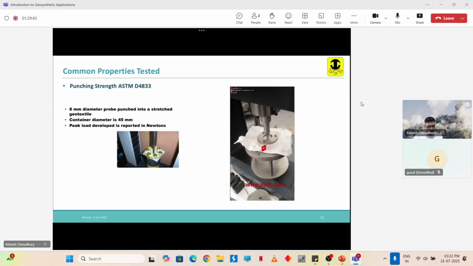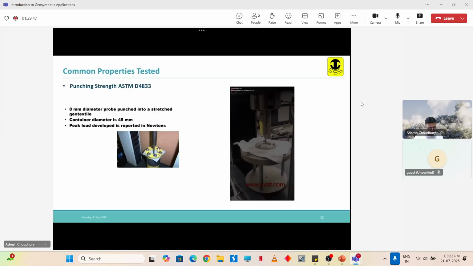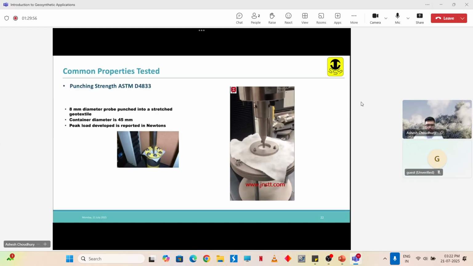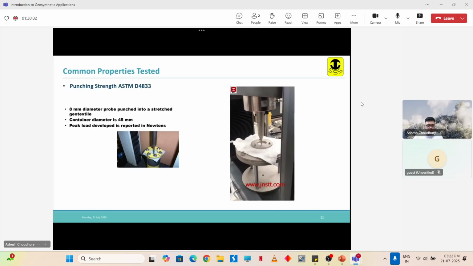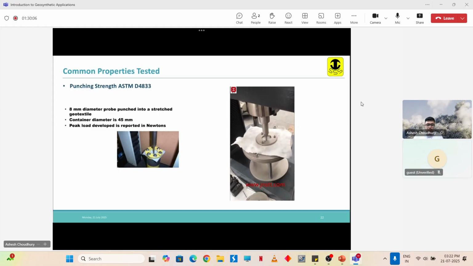So let us watch this video. There is a stretched geomembrane within this container, and then we punch it with this probe.